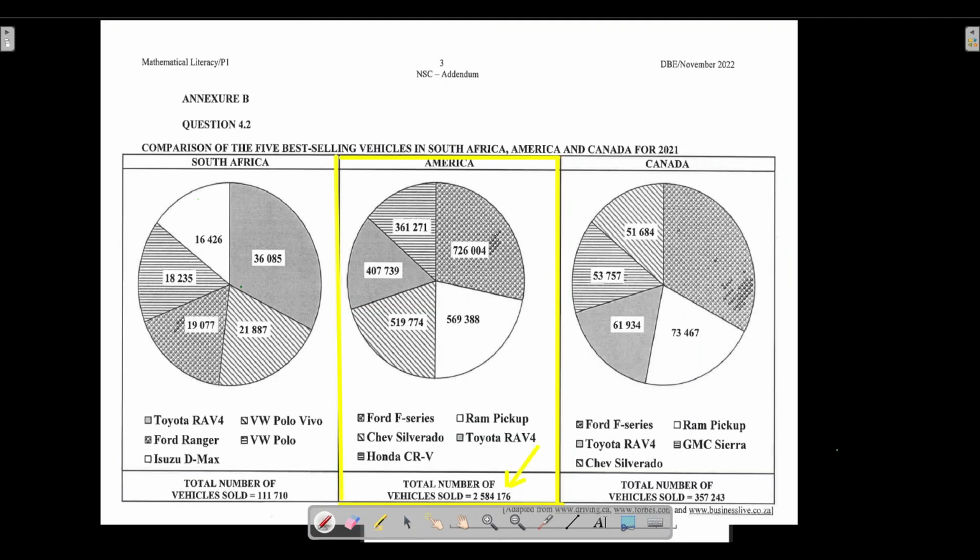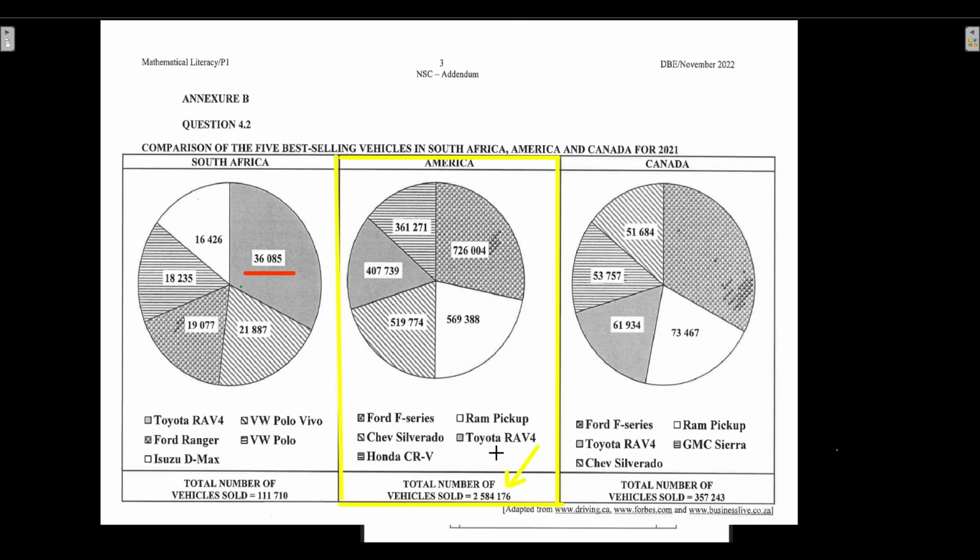So let us see. In South Africa, we are told the number of Toyota RAV4s sold, the key is that gray area there, is 36,085. That's South Africa. But remember, it needs to be in order.